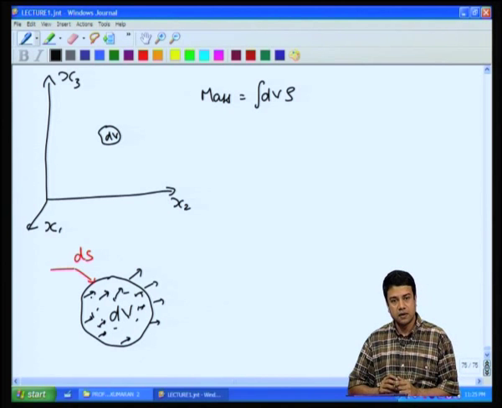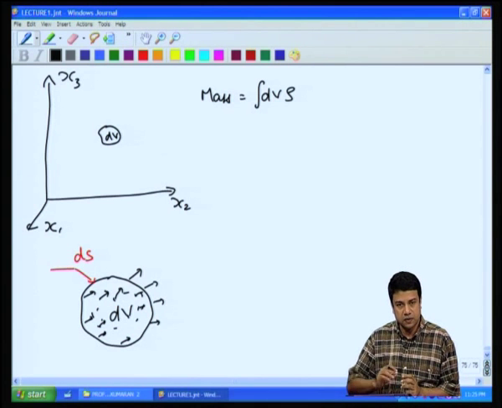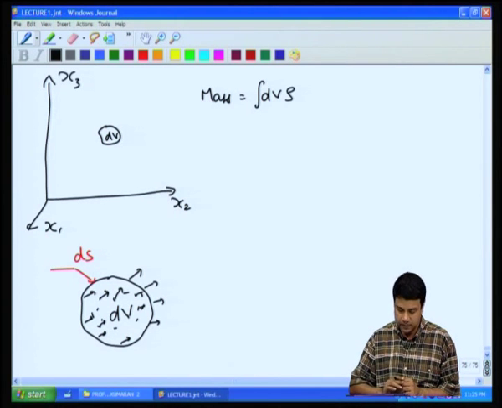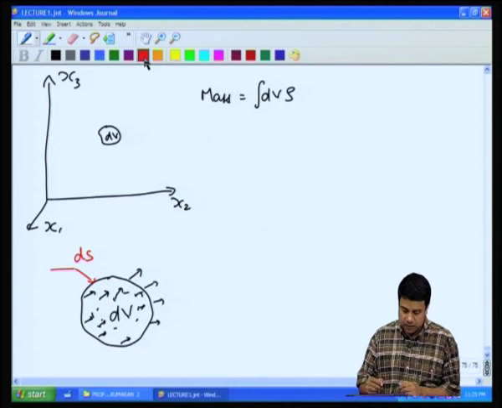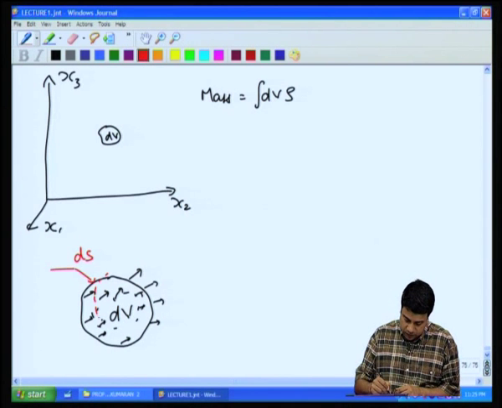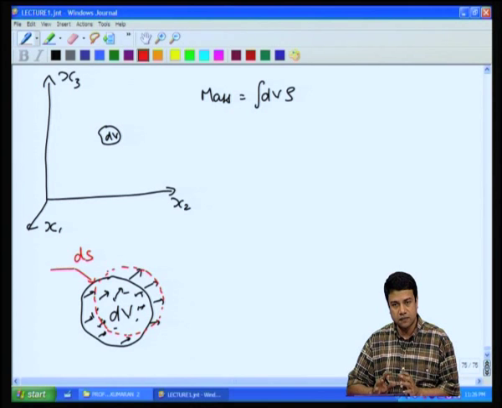The fluid elements within this volume will move as a function of time. Those on the surface will also move. So, at some later time, t plus delta t, this volume would have gone to some other location. The volume itself is defined by the motion of the surface points.